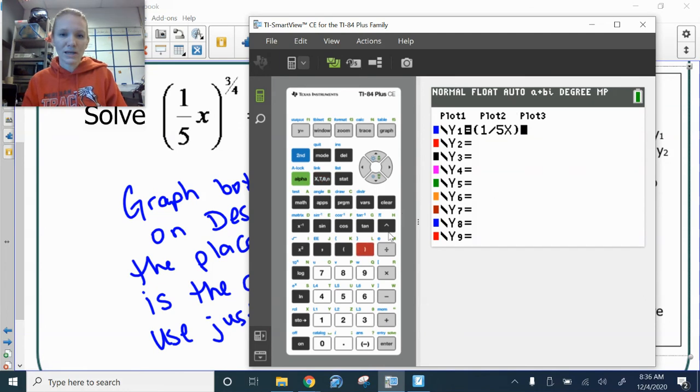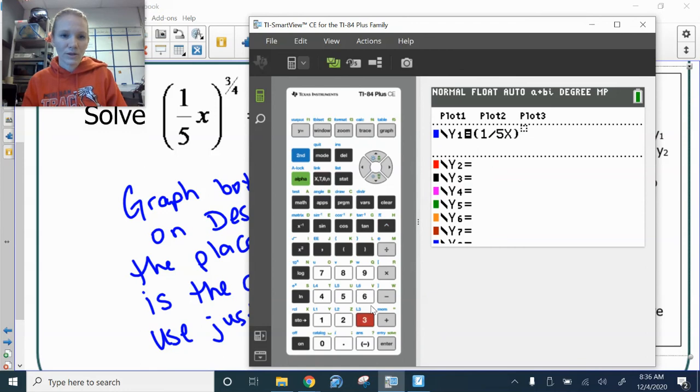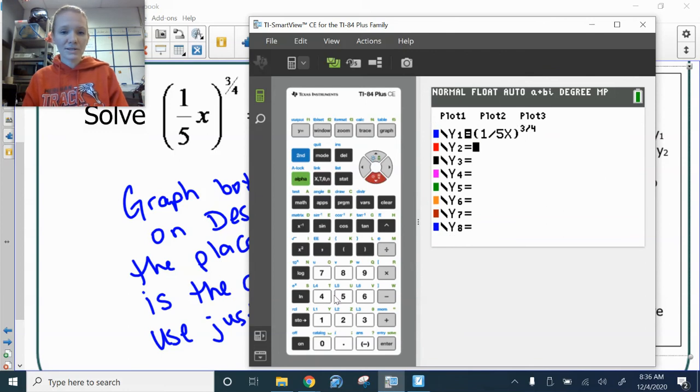Then I'm going to close the parenthesis and raise it to 3 divided by 4. If your calculator is one of the older, bigger, fatter ones, it might not keep the 3/4 in the exponent, or it might have the caret symbol, and then you need to put your 3/4 in parentheses. Then our second equation was our x, so here again, next to my alpha, minus 3 divided by 8.